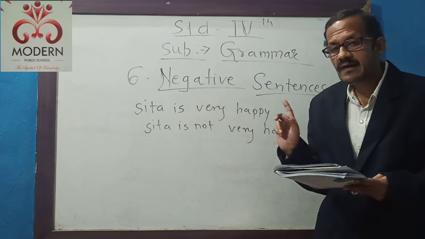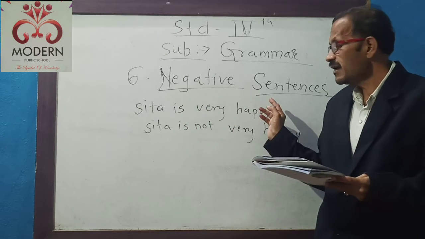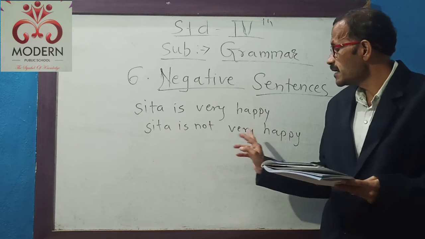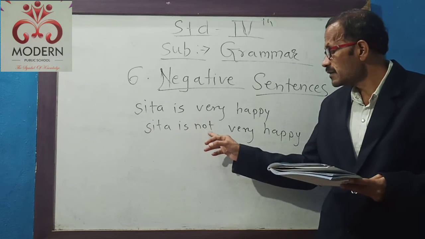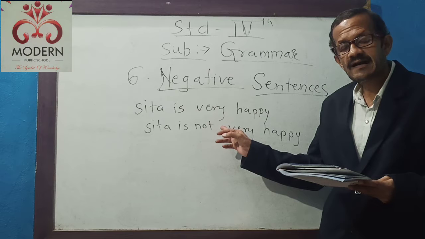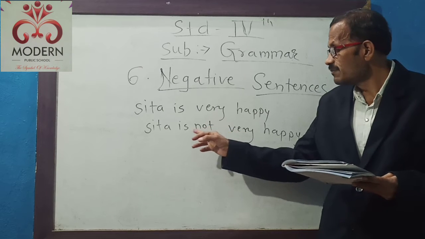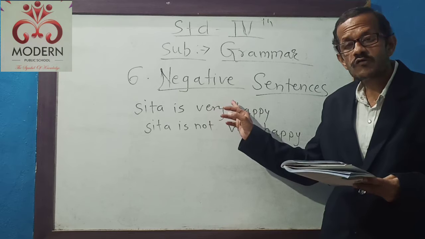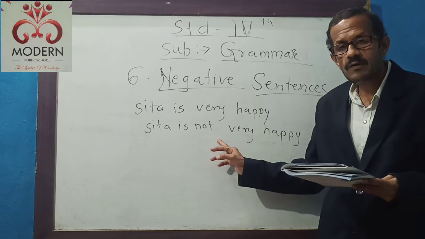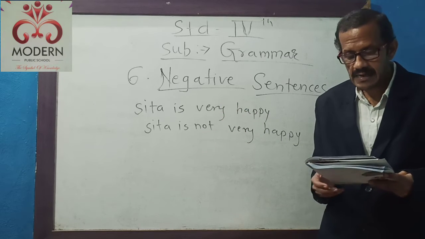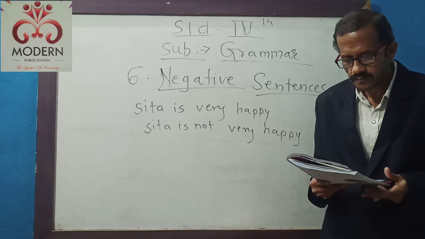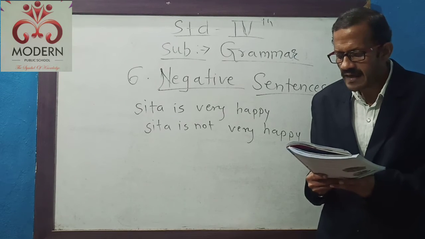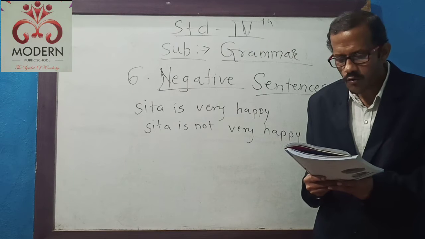One example is given here, students. Sita is very happy. That is the positive sentence. And Sita is not very happy, means we include this word not in this sentence. If there is not, then it is a negative sentence. The above sentence is positive, while the below sentence is negative. These sentences are negative sentences because they have the word not or no.